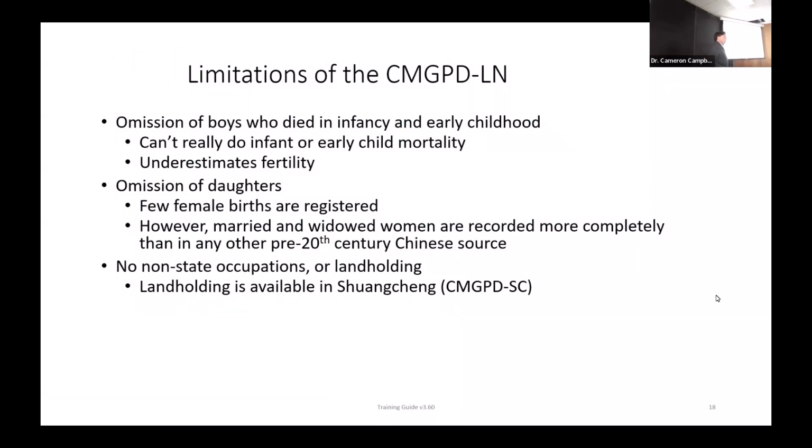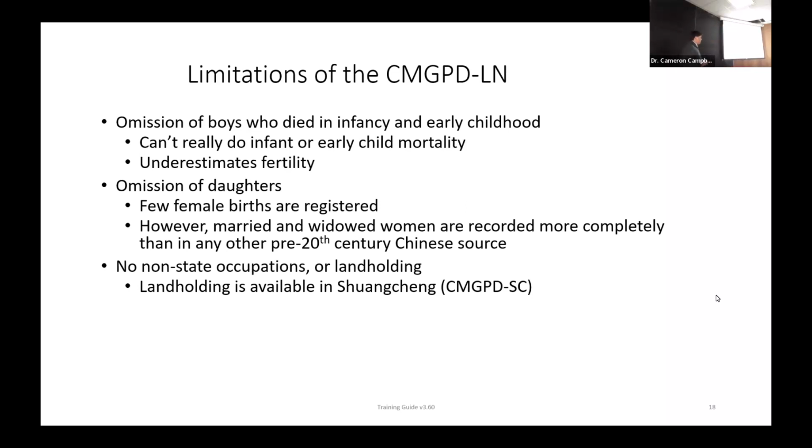Some limitations: boys who die in early childhood tend not to be recorded, so you can't really do infant mortality, and you tend to underestimate fertility. If you're trying to estimate TFRs like we did yesterday, you have to make some adjustment based on an estimate of mortality. Daughters are more likely to be missing, although we still have more daughters than practically any other pre-20th century source.